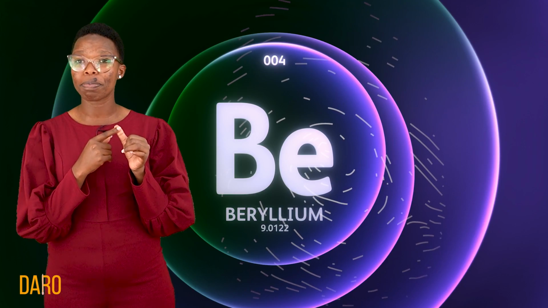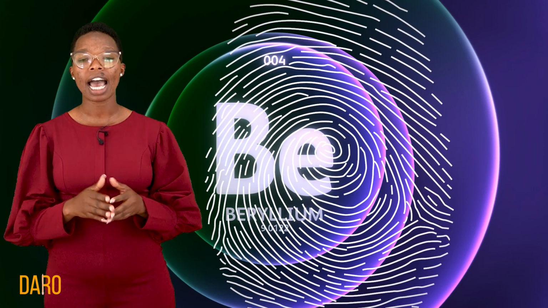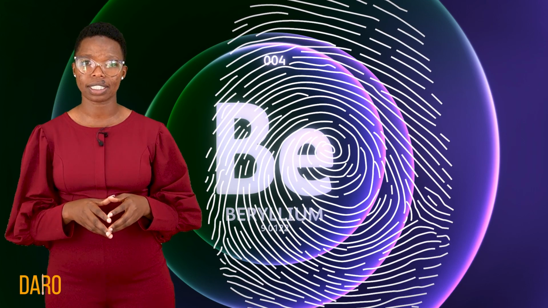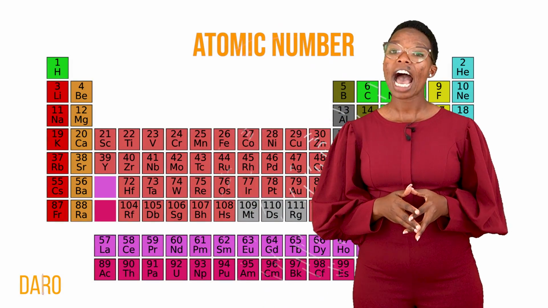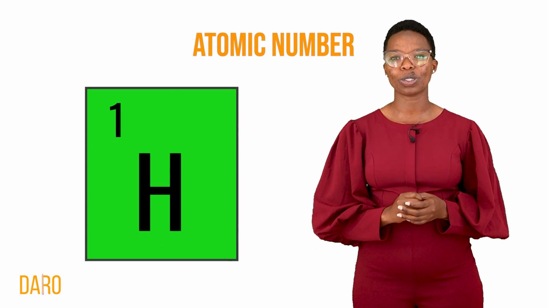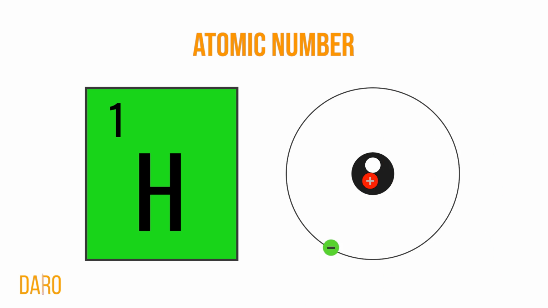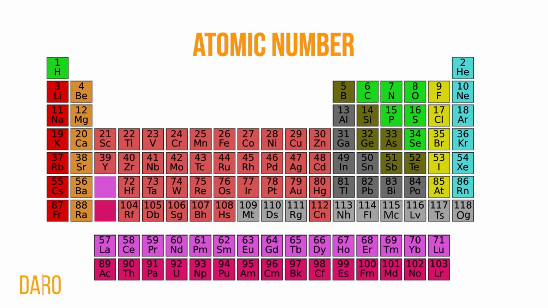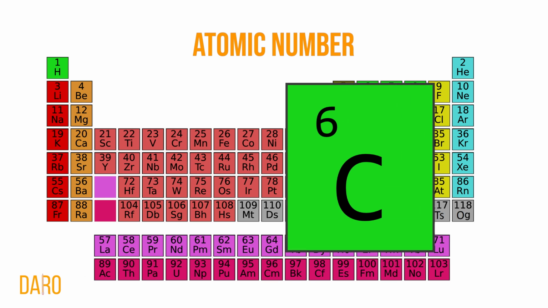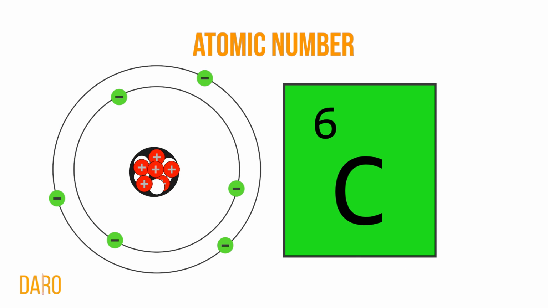Just like our fingerprints, no two elements have the same number of protons. For example, hydrogen has one proton. Therefore, hydrogen is atomic number 1. On the other hand, carbon has 6 protons, and therefore we can say carbon is atomic number 6.